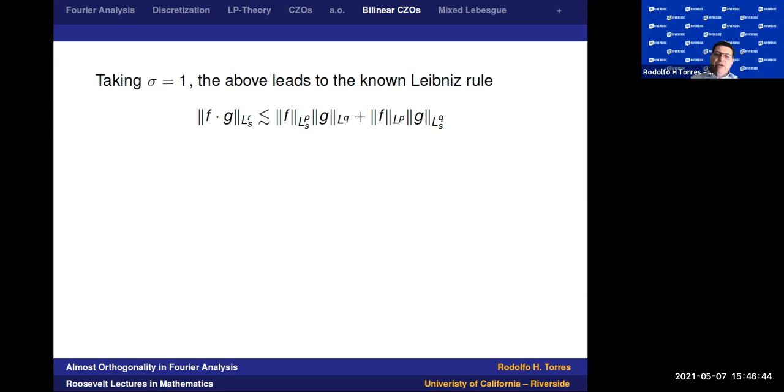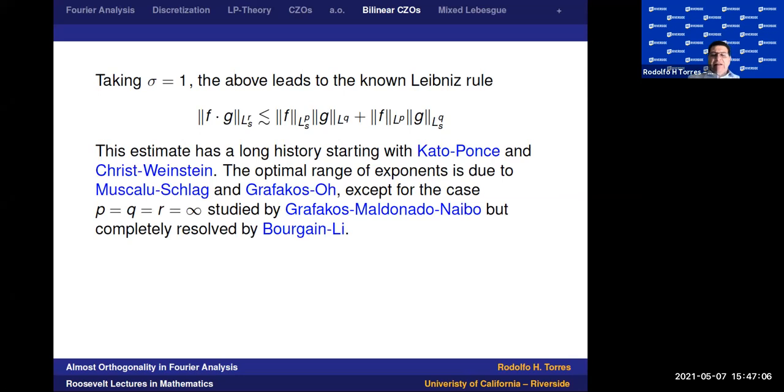Remember, this norm means the s derivative in L^r, and we can show that if you want to estimate the s derivative in L^r of the product of two functions, what you need to do, like in Leibniz rule, is take all the derivative on f, or take all the derivative on g, and estimate the corresponding expression. And again, this estimate has a very long history.